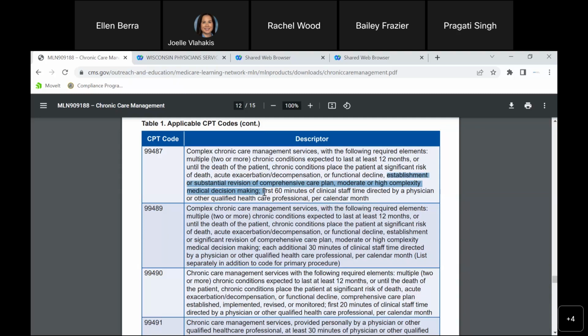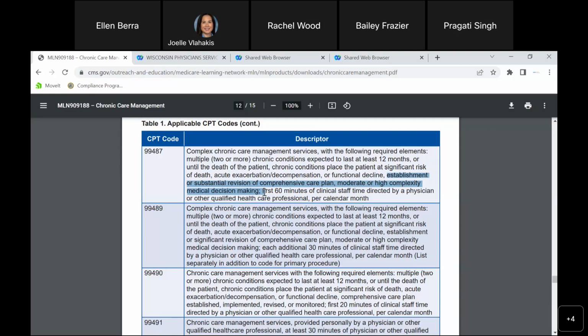Now, you can only bill either the clinical codes or the practitioner codes, but your practitioner time can count toward your clinical staff time. Your clinical staff time cannot count toward your practitioner time.